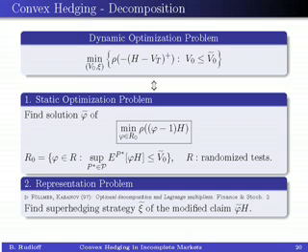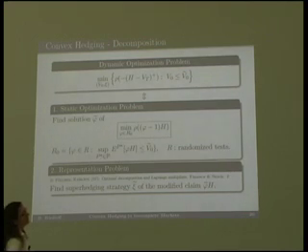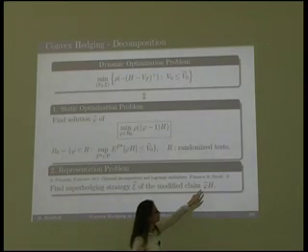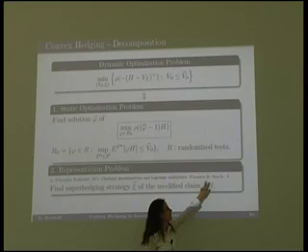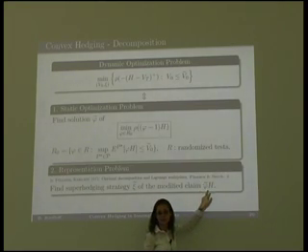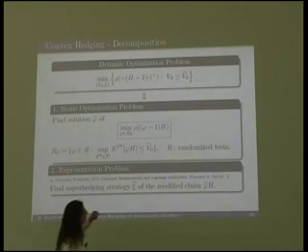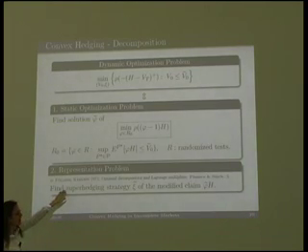So now imagine you can solve this static problem and you can get the optimal randomized test. And then the second problem, the representation problem, will be that if you multiply the solution of the static problem with the original claim, you get something like a modified claim. And we need the super hedging price or the super hedging strategy of this modified claim.